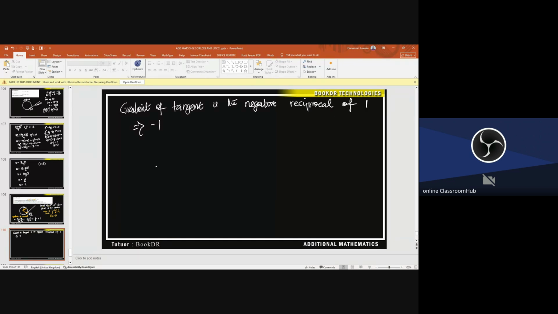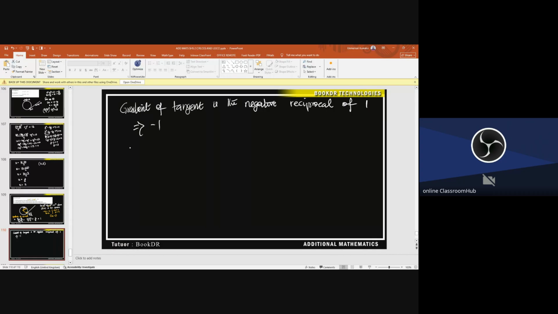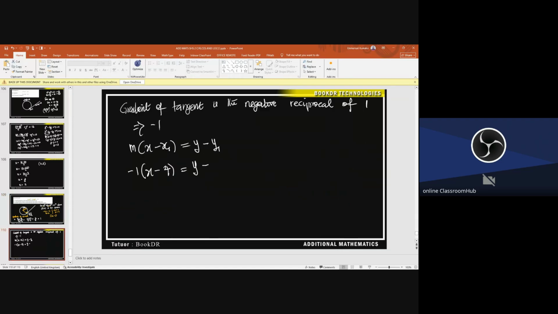Good. So now we are going to calculate the equation of the tangent using the coordinates 4, 1, because that's where the tangent passes. And we are going to use the formula m, standing for gradient, x minus x1 is equal to y minus y1. So we have -1 times x minus 4 is equal to y minus 1.